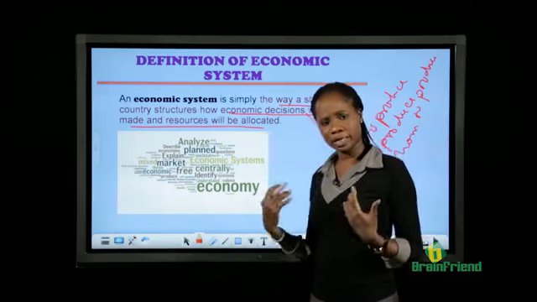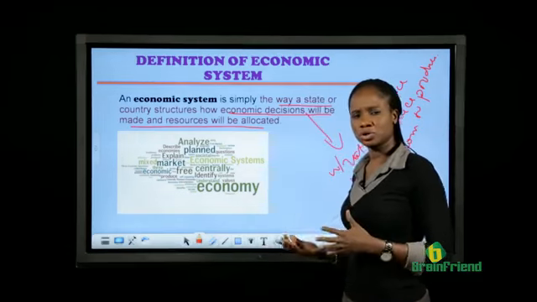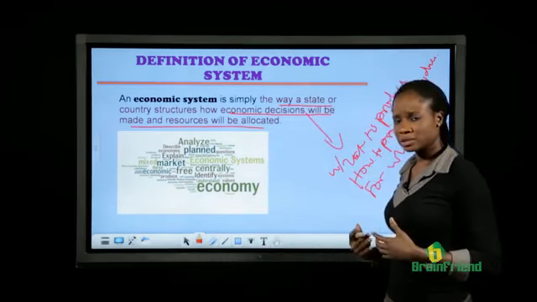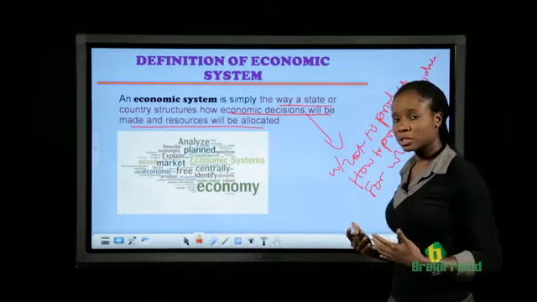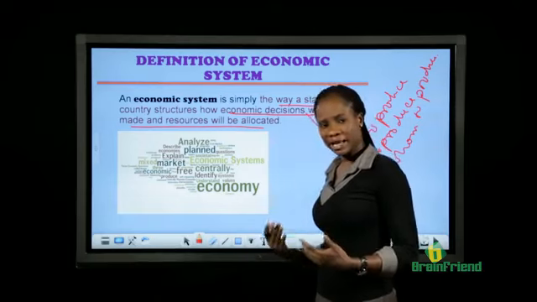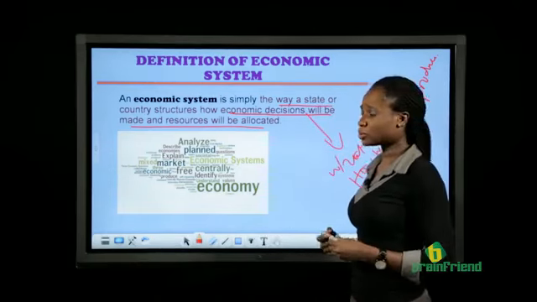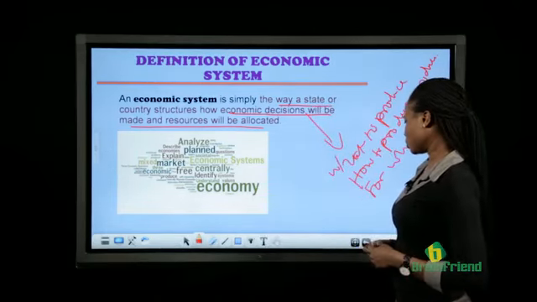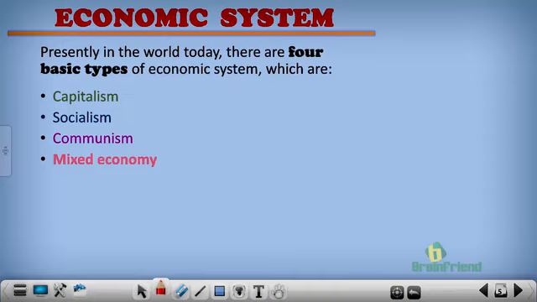So at this point, they get to consider what to produce, how to allocate their limited resources towards certain channels to produce a particular product, and how to finally distribute these products they have produced. And then we went on to look at the basic 4 types of economic systems which we have, and we said they are capitalism, socialism, communism, and mixed economy.